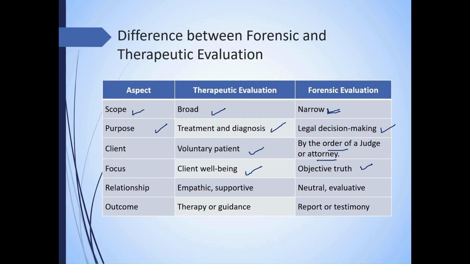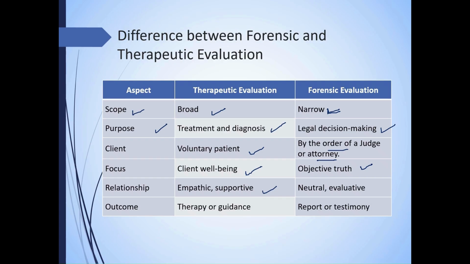Okay. Then the relationship between the therapist and the patient under therapeutic evaluation is empathetic and supportive, right? While when it comes to forensic evaluation, the psychologist cannot be empathetic or supportive of the person because the person might be a potential criminal.